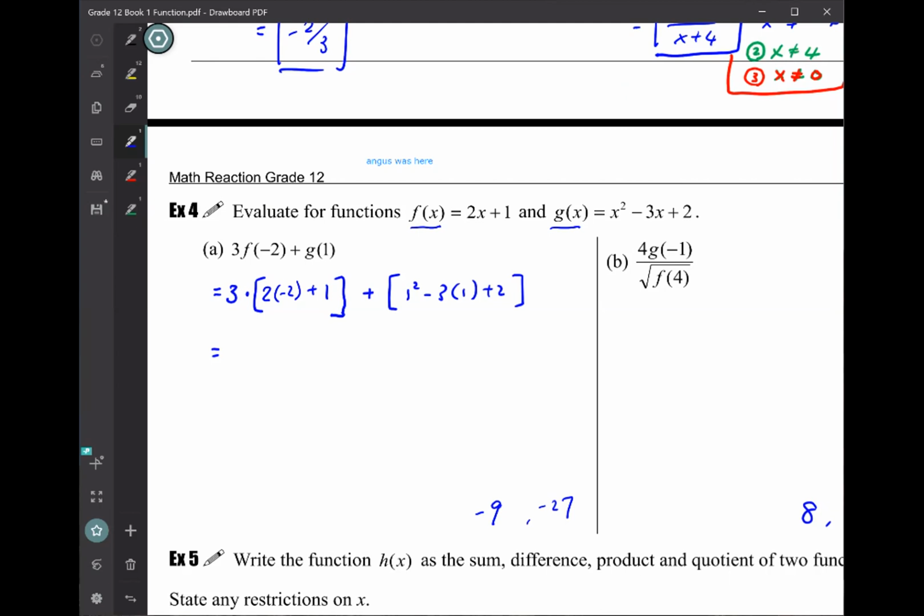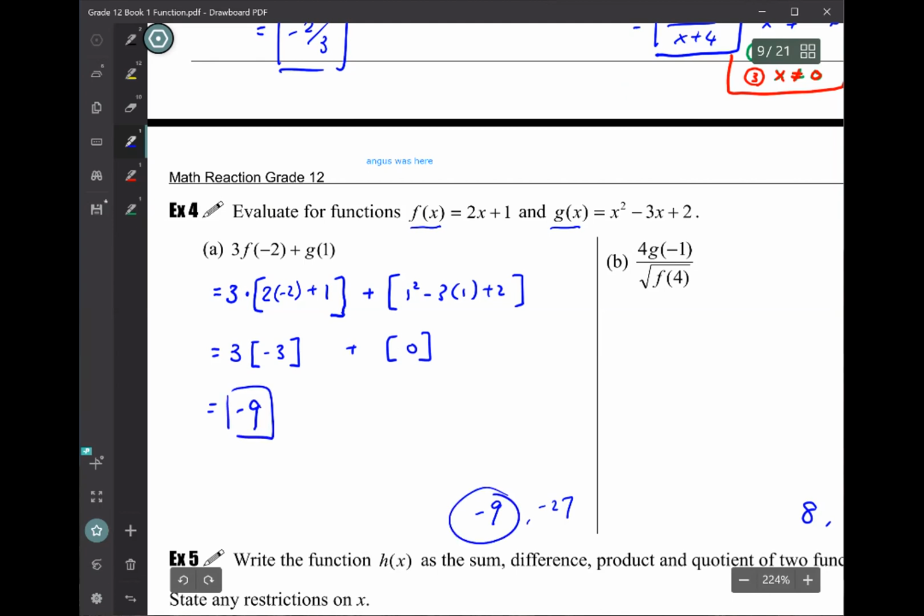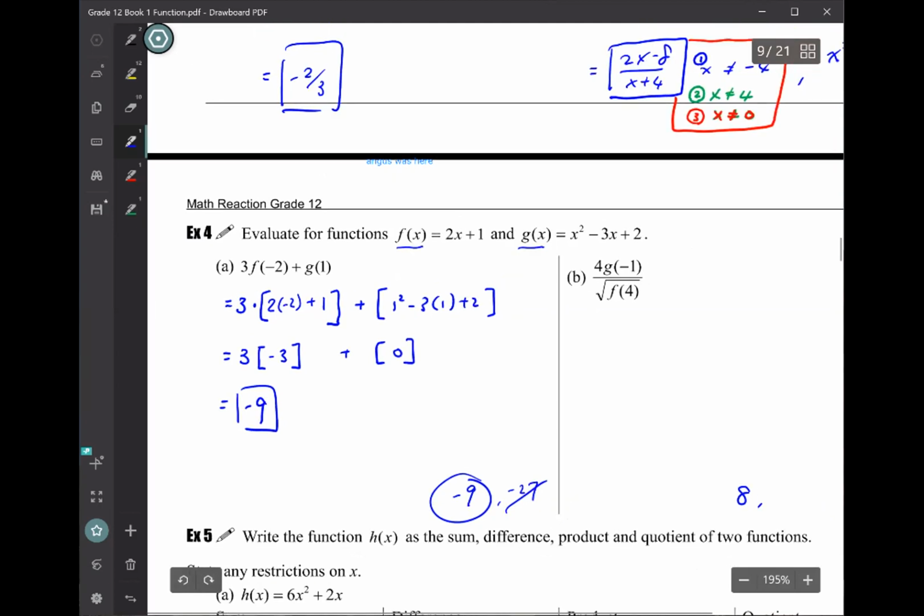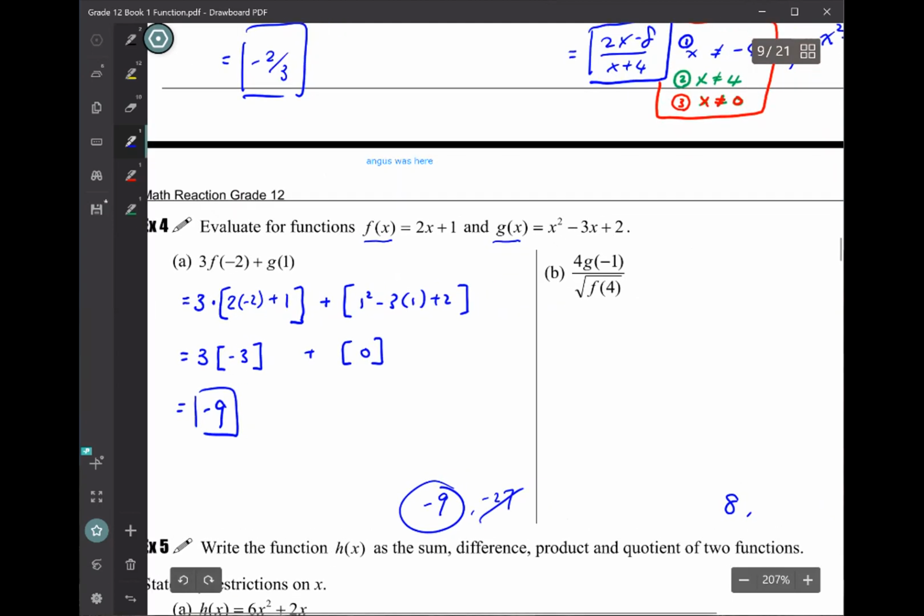Now you just follow the order of operation. 2 times -2, -4 plus 1, -3. All right. 1 minus 3, so that's -2. -2 plus 2, 0. So that's -9. Okay, so answer should be this one. So make sure you look at the steps, compare with your work, find out where you did wrong, and learn from it.